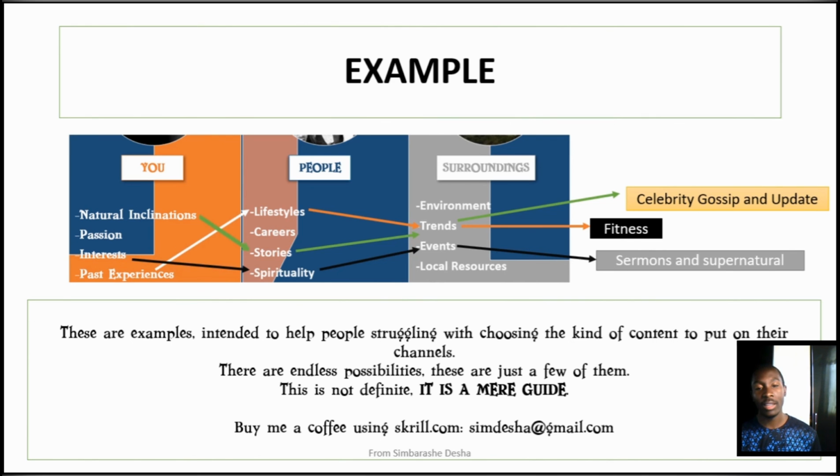So the channels are endless, guys. I can never exhaust them all. I can actually get tired, like now I'm tired, but you could never exhaust them. It's just a combination of 1, 2, 3. You make a channel. For example, in Zimbabwe, many people are making gossip channels simply because that is what people are interested in. People just want to know what's going on in someone's life.